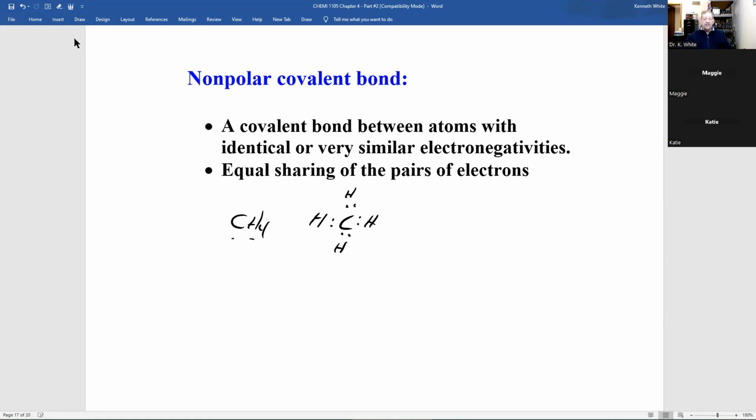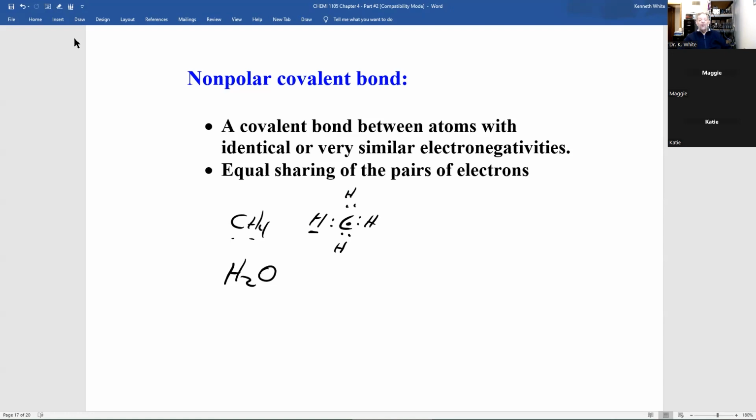So the sharing of the two electrons between, say, this hydrogen and this carbon are the same. They're sharing equally. Let's look at a chemical near and dear to our heart, water.